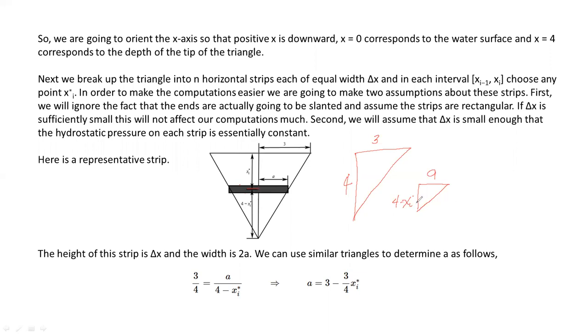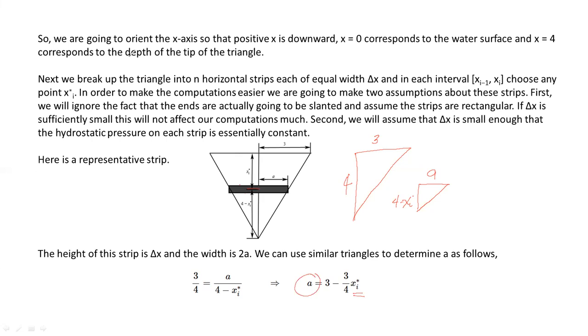If you do similar triangles, 3 over 4 is to a over 4 minus x sub i asterisk. And we will have an expression here for the a in terms of the x sub i, or simply the x. That a is just half of the length of this horizontal strip that you have drawn.